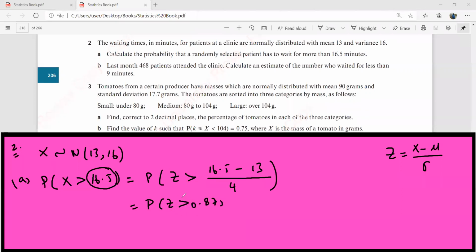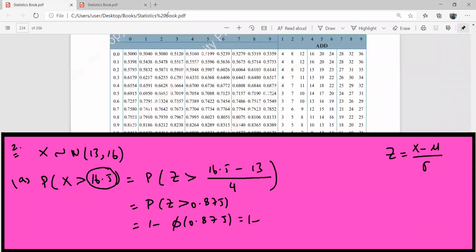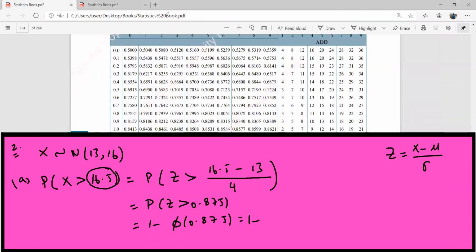We don't like this greater than sign here. So this is going to be 1 minus phi of 0.875. We need to go to the table to find this probability. Here it is 0.875: 0.8, then 7, and here it is 5.